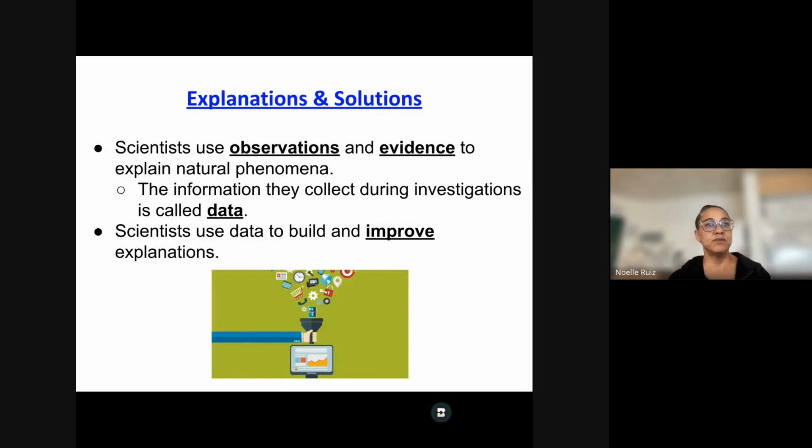Scientists use that data to build and improve explanations. So they go through that scientific method. They observe, they ask questions, form a hypothesis, test that hypothesis. They gather these results, put them into charts, and then for the conclusion piece, they interpret those results. And ideally, that data will help them better explain whatever phenomenon they are looking at.